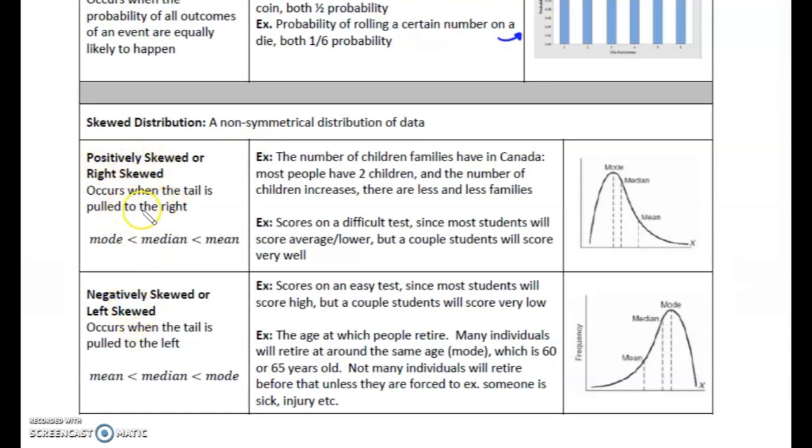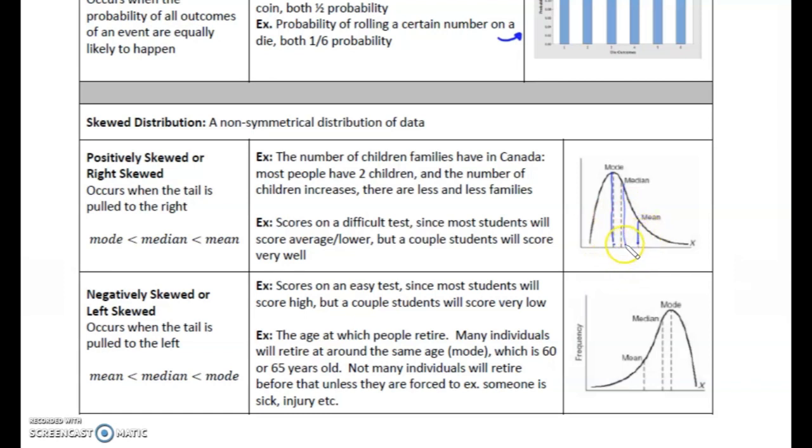Okay, this occurs when the tail is pulled to the right. When the tail is pulled to the right, the mode occurs at the hump, then the median, and then the mean, in that order. An example of this is the number of children families have in Canada.